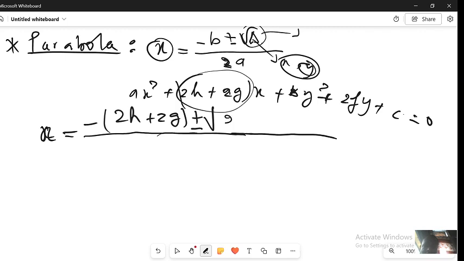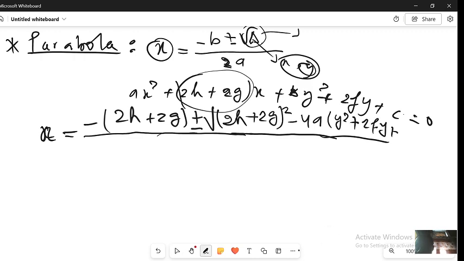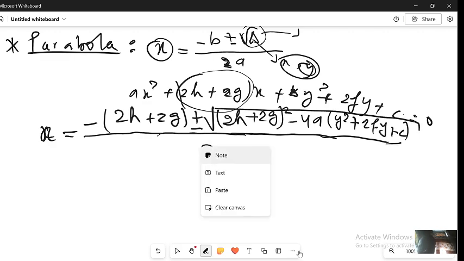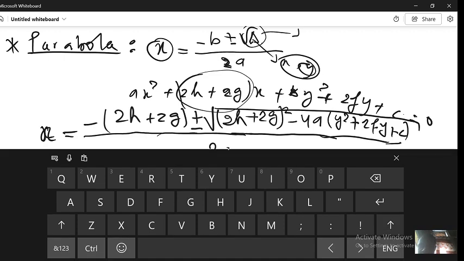B square means it's going to be (2h plus 2gy) plus 2g square minus 4ac. The c is this constant, it's going to be y square plus 2fy plus c, under square root, divided by 2a.